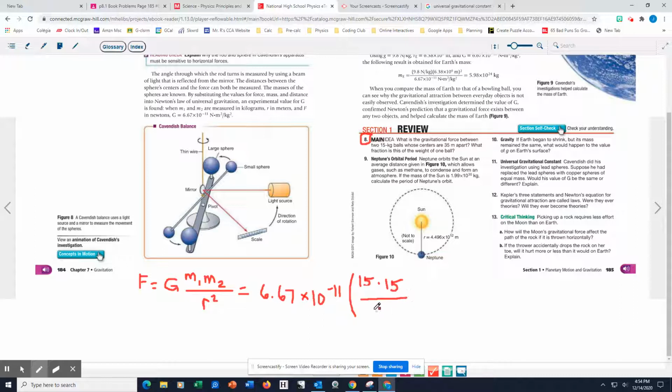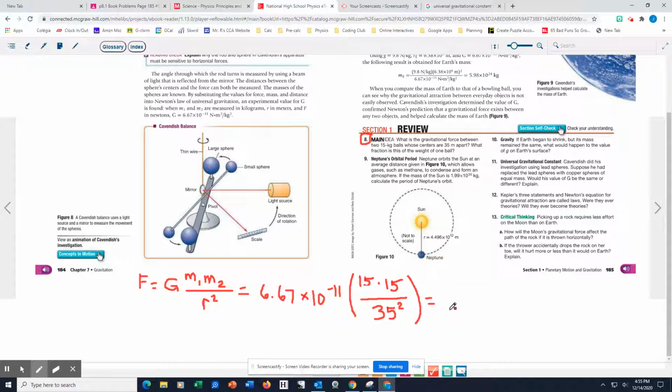And they are 35 meters apart. We don't have to worry about the units because everything's in base units, kilograms and meters. 35 meters apart, and that has to be squared, right? So now we'll just do that.